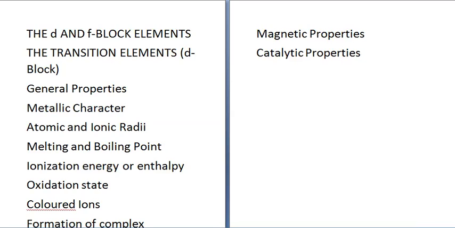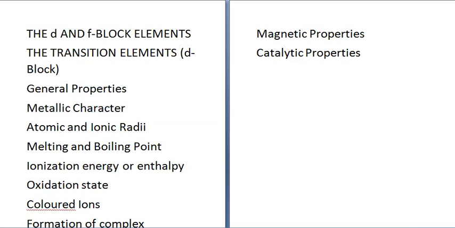The third series is the 5d series, which consists of 10 elements of the 6th period, equivalent to filling of 5d orbitals. And the fourth series is the 6d series, filling of 6d sublevels starting with actinium, followed by elements with atomic number 104 onwards.